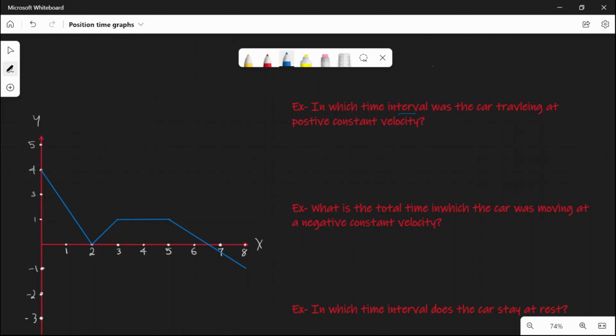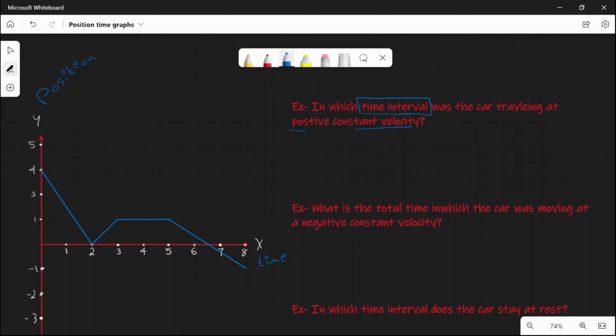In which time interval was a car traveling at a positive constant velocity? So let's imagine that this graph on the left simulates the movement of the car, where y are values of position and x are values of time. So here he wants the time interval that the car traveled in a positive constant velocity.